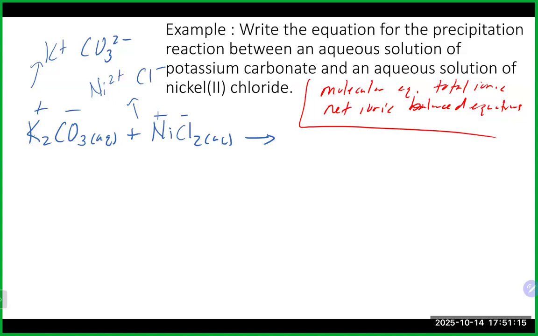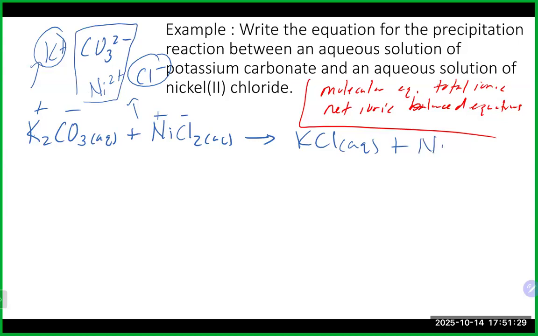That means when I put together the K+ and the Cl-, I get KCl, not K2Cl2, because that's not so good. And here I get nickel and carbonate coming together. +2 and -2 gives me NiCO3. And I'm imagining that might be my precipitate here, as potassium is definitely soluble in everything.